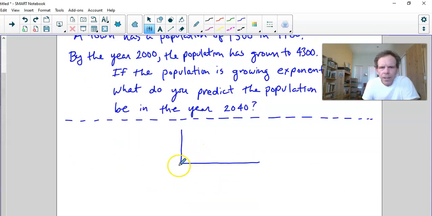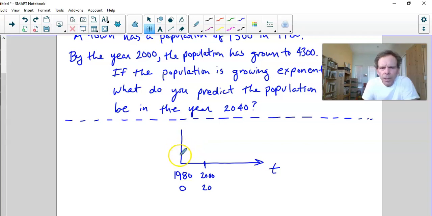Let's say this horizontal axis is time, and the first year they give us is 1980. Let's also think of that as time 0. And then later, year 2000, which is 20 years later, we know what the population is there too.